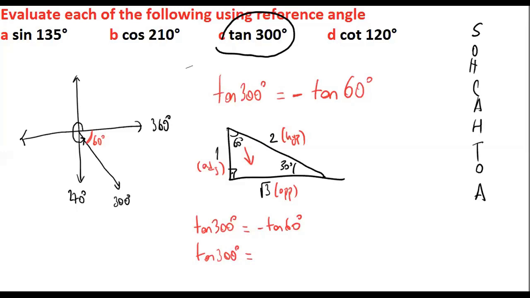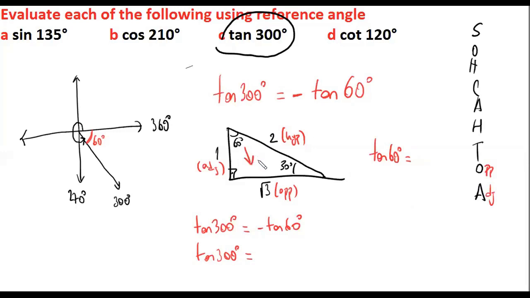Tangent of 300 degrees is negative tangent of 60. So what is the tangent of 60? Tangent is opposite over adjacent.